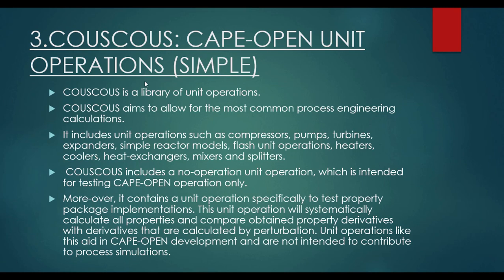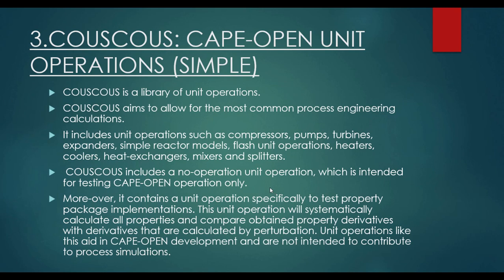The third one is the unit operations. So you can import all kinds of unit operations into the main flow sheets, which includes compressors, pumps, turbines, expanders, simple reactor models, heaters, heat exchangers, mixers, and splitters.